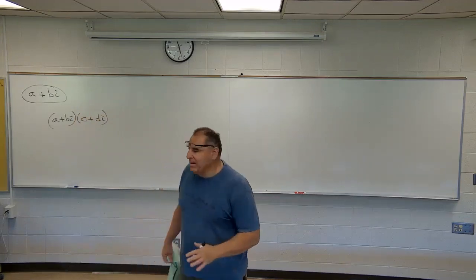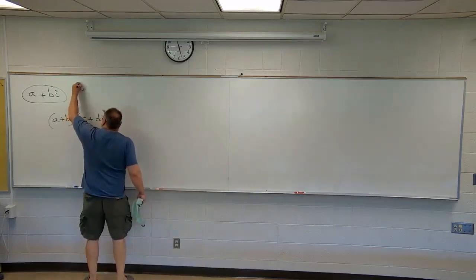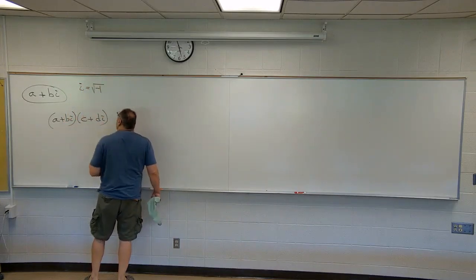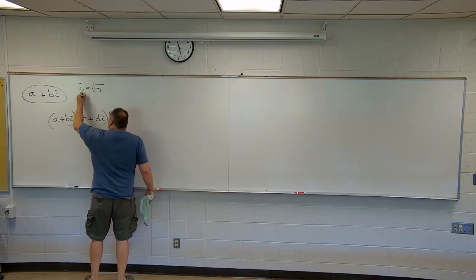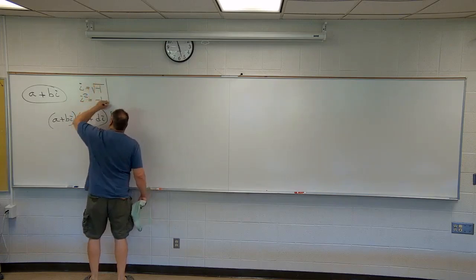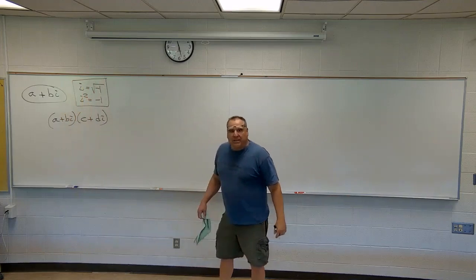Don't forget though, as we do this, it's always in the back of your mind that i is by definition the square root of -1. i squared equals -1. So always have this.